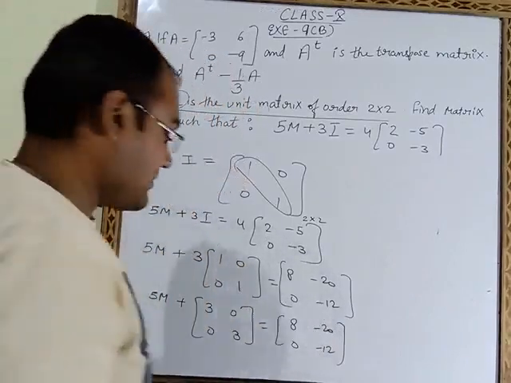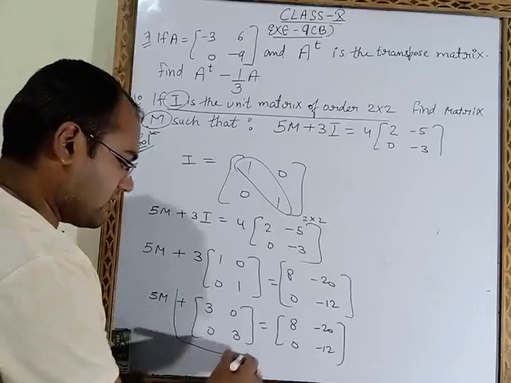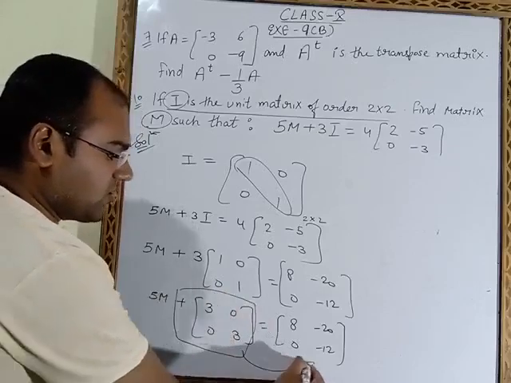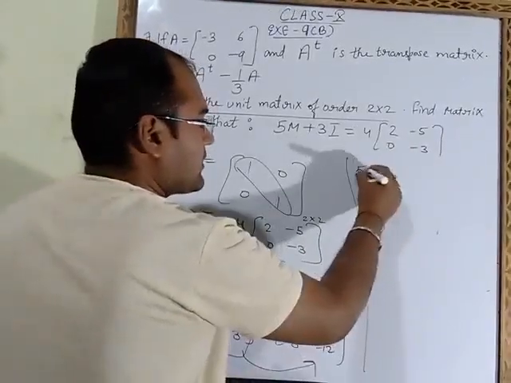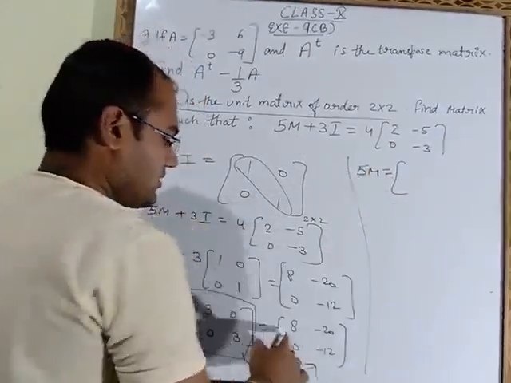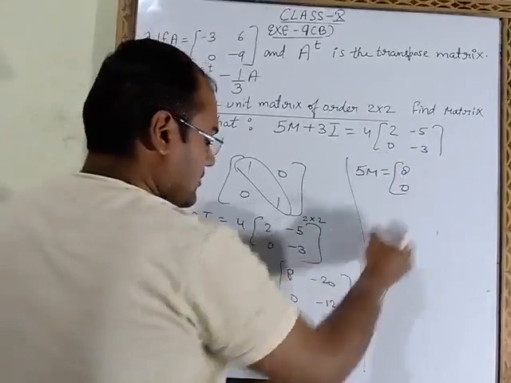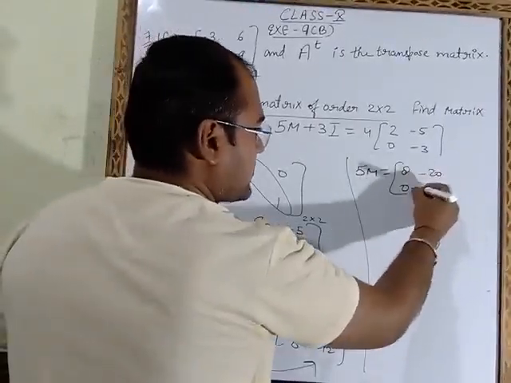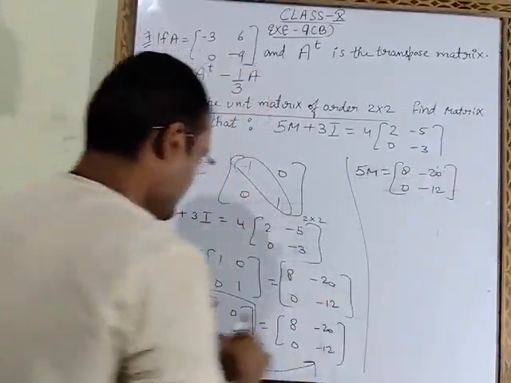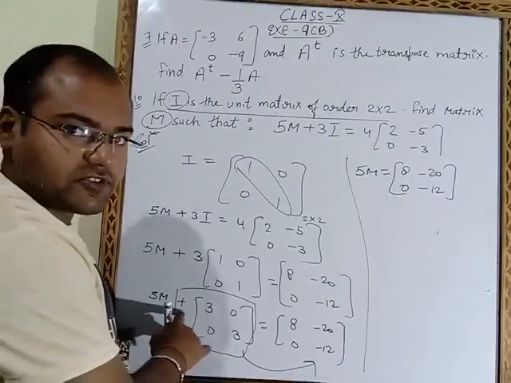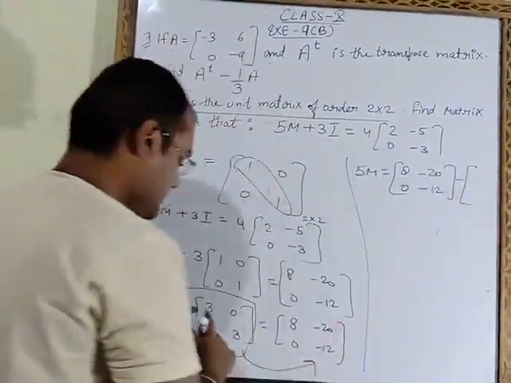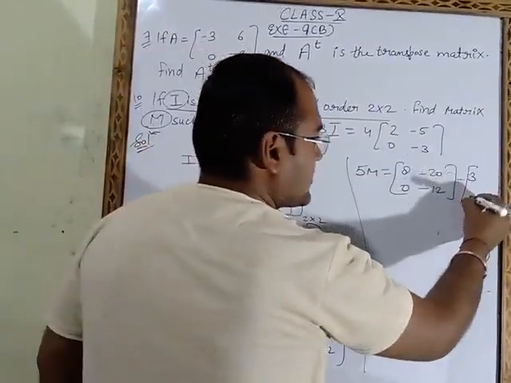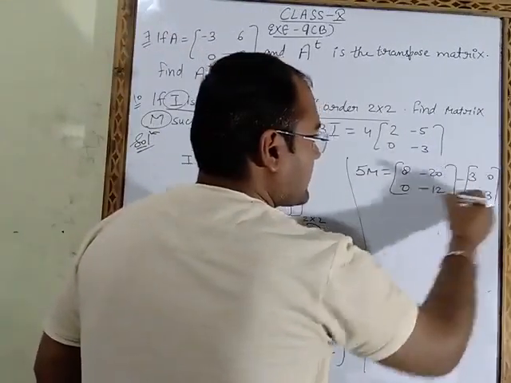Now what is the next step? This matrix we have to bring on the right side. So 5M is equal to 8, 0, minus 20 and minus 12. This matrix is of positive sign. When we bring it on the right side, this will become minus 3, 0, 0, 3.